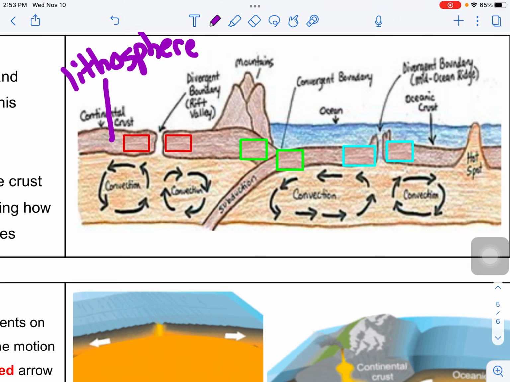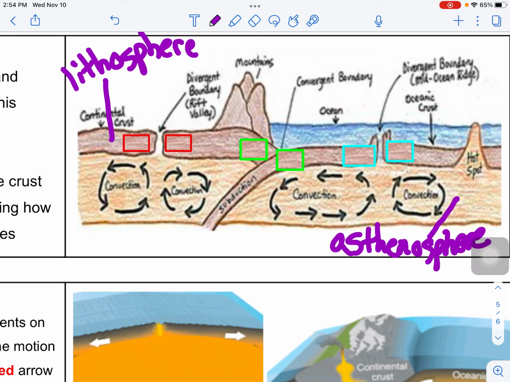The asthenosphere is this area in the light brown, and the asthenosphere's got this ability to flow. It's kind of like a plastic-like material. It's got the ability to move a little bit.